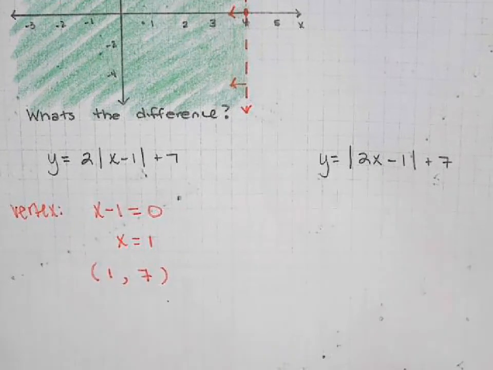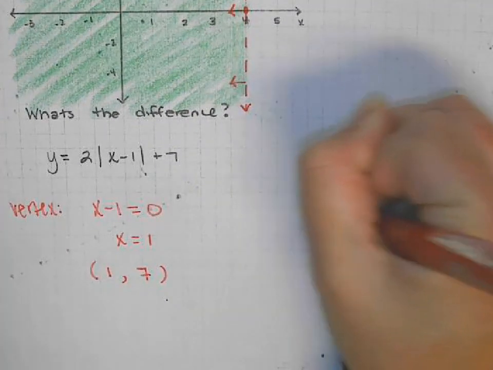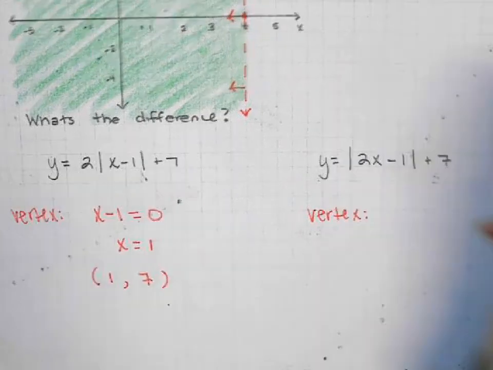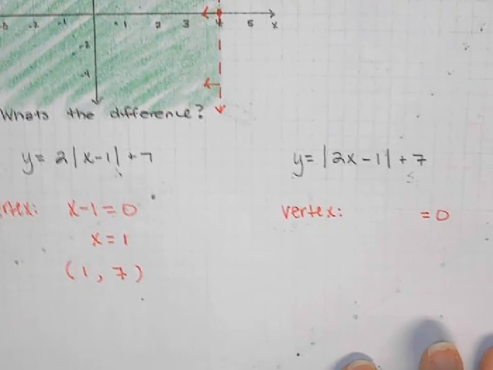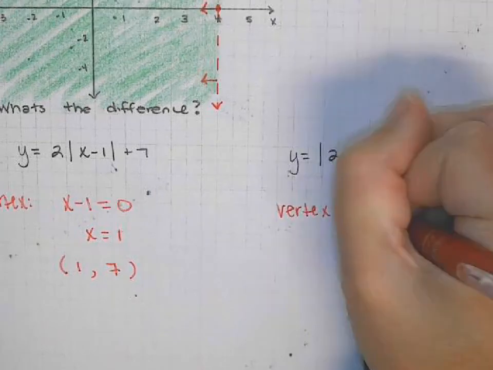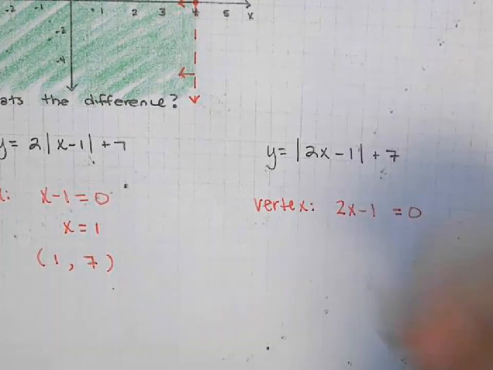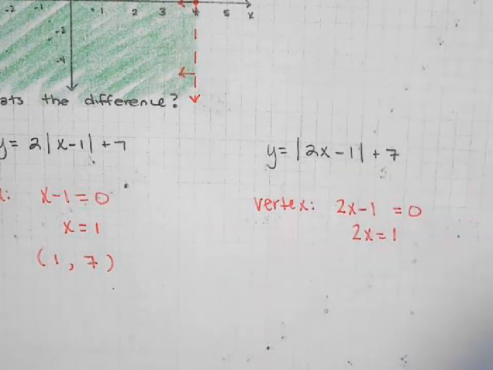Let's figure out where this vertex is. What do I set equal to 0 this time? The 2x minus 1. So you're going to have to add 1 to both sides, then divide by 2.